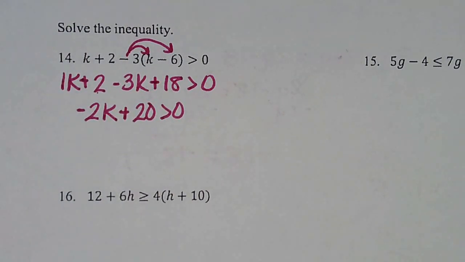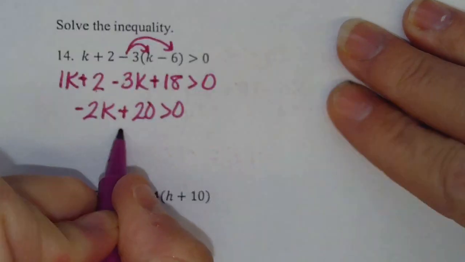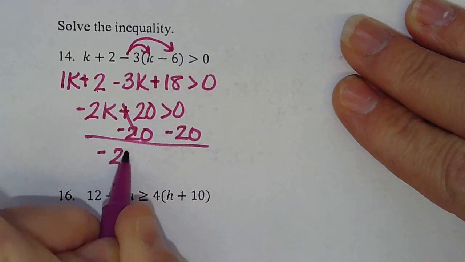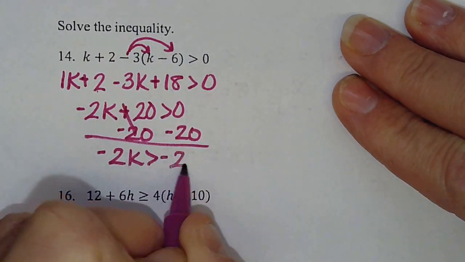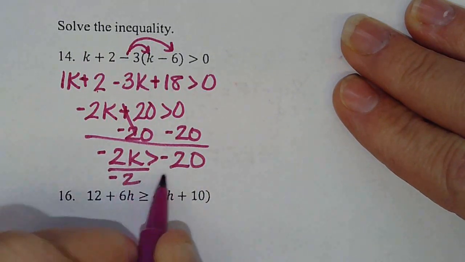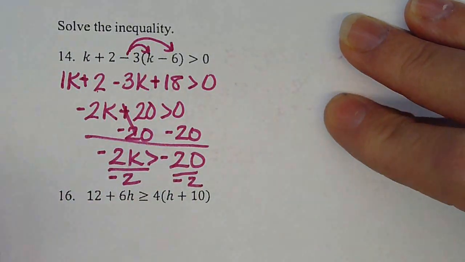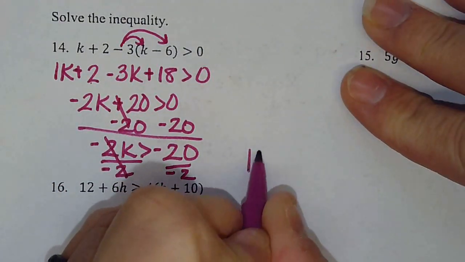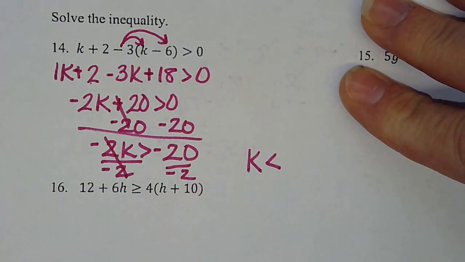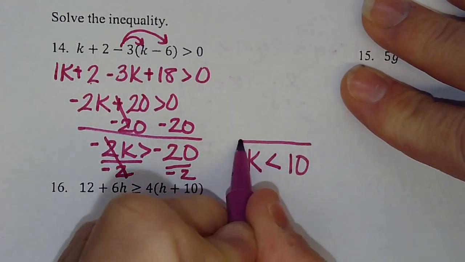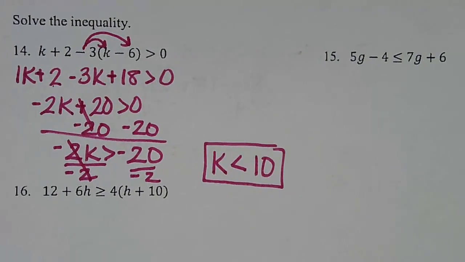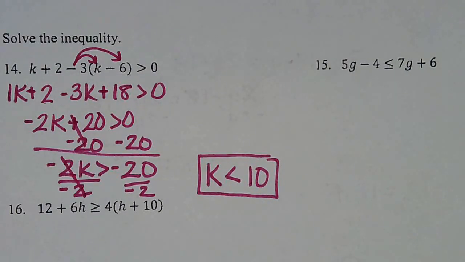So then to solve this, you are going to subtract 20. Negative 2k is greater than negative 20. And then I'm going to divide by negative 2. Now, because I'm dividing by a negative, that is when I have to flip my inequality. So I now have k is less than 10. So that's your answer for 14. Any questions there?